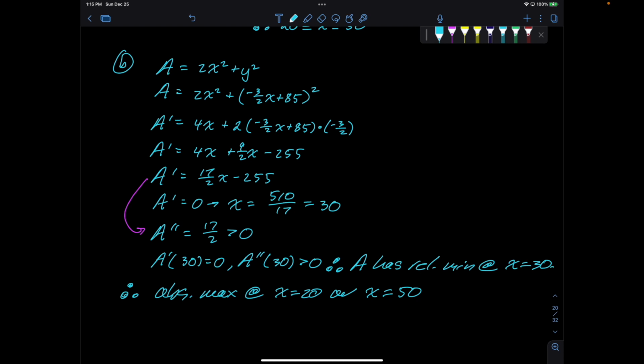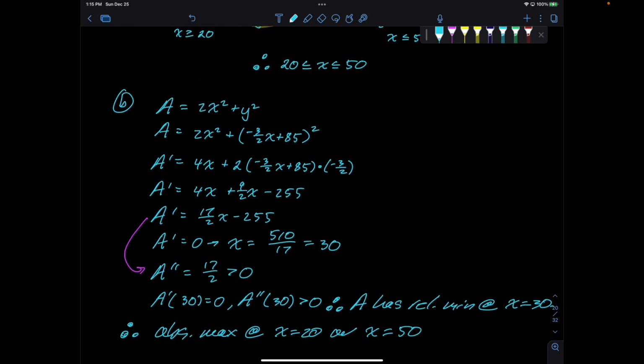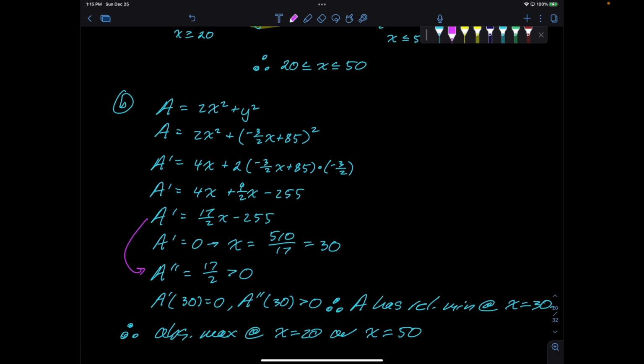So good grief. What's the best way to do this? I just don't want to plug in. A of, all right, I don't know. I'm gonna do them up here in yellow. A of 20 is, what am I using? I'm gonna use this. So A of 20 is 2 times 20 squared is 400.